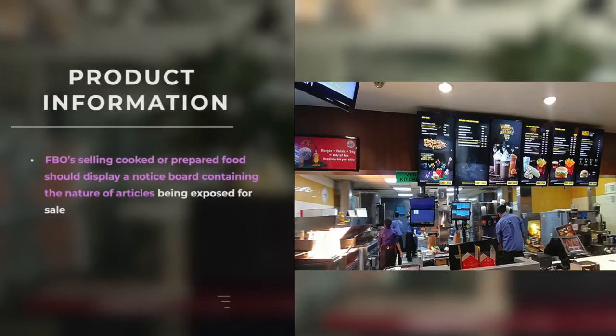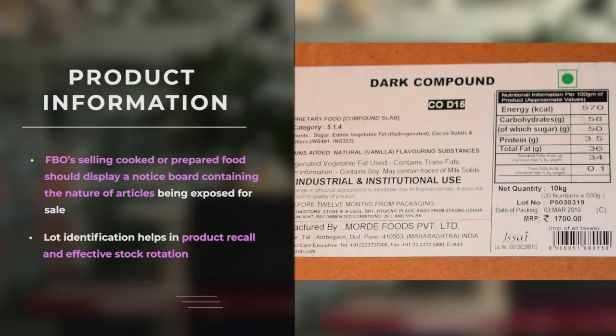Food business operators selling cooked or prepared food should display a notice board containing the nature of articles being exposed for sale.